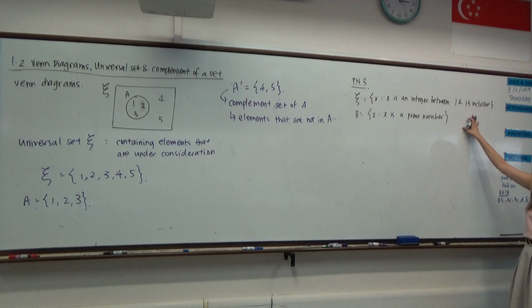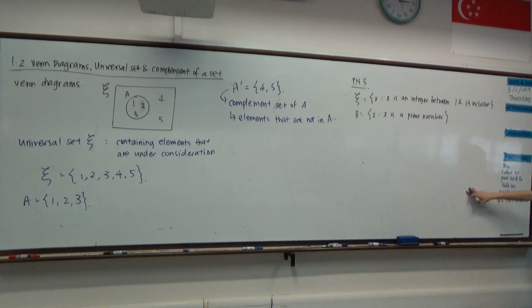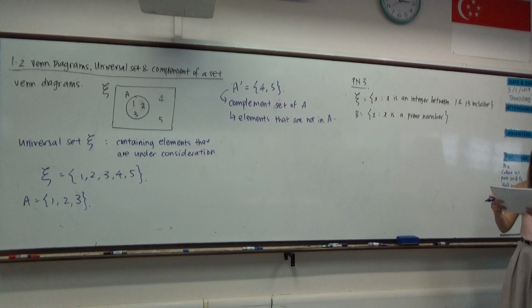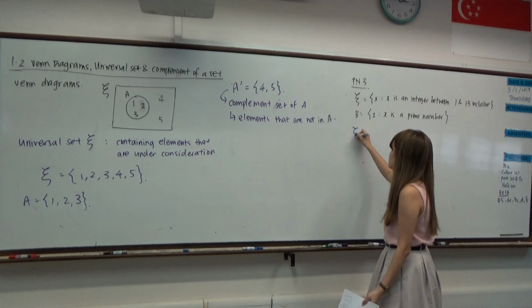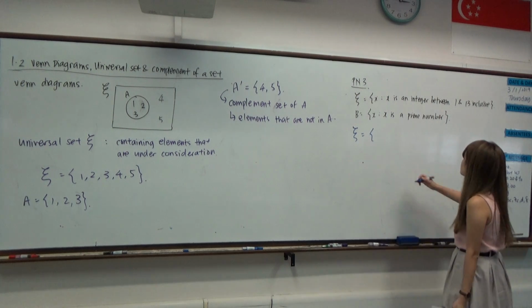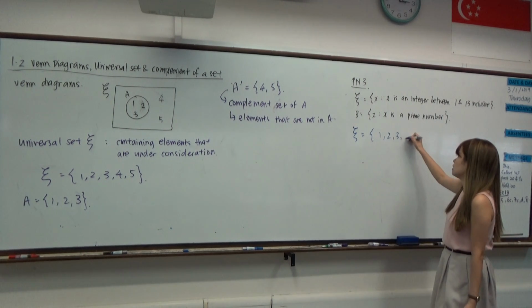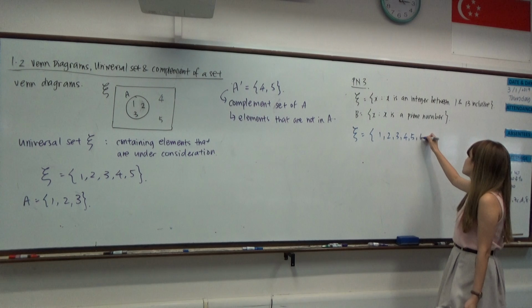Universal set. Okay, so in this case, X is an integer between 1 and 13 inclusive of it. Then after that, B is a set X such that X is a prime number. So in part 1, we are required to list out all the elements of the universal set and also of B. So the universal set will contain 1, 2, 3 all the way to 13.